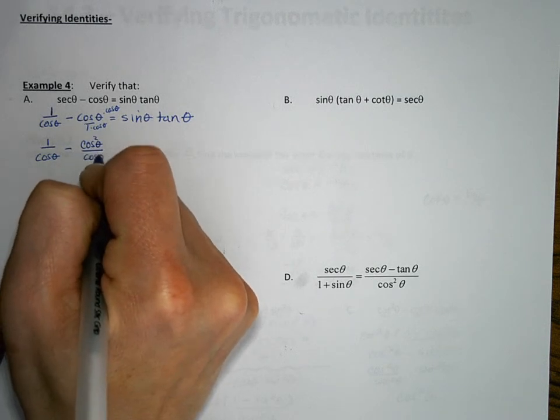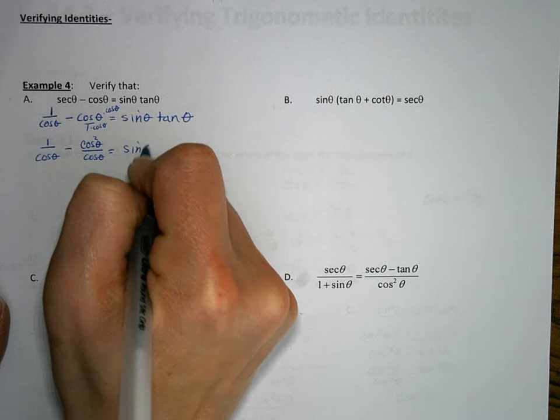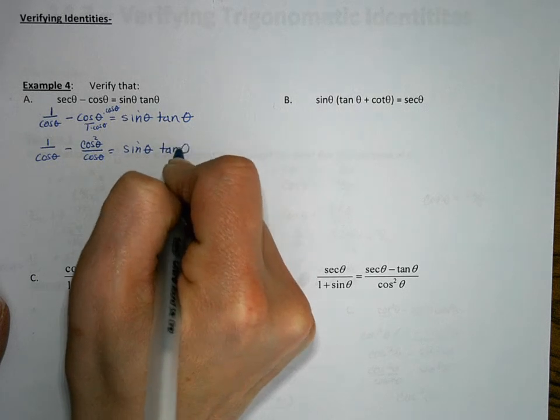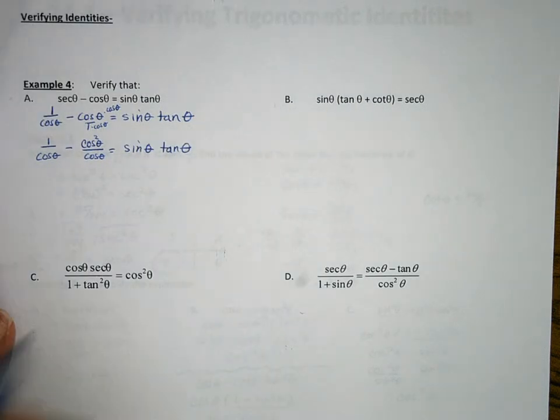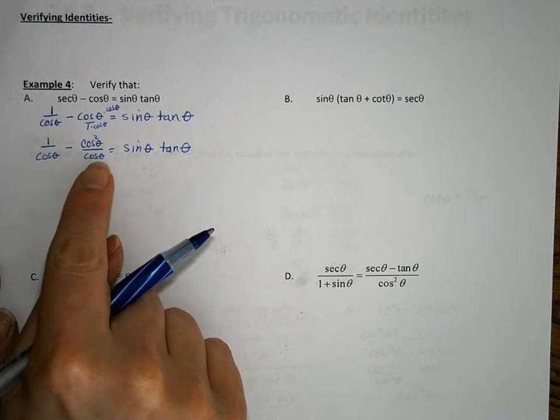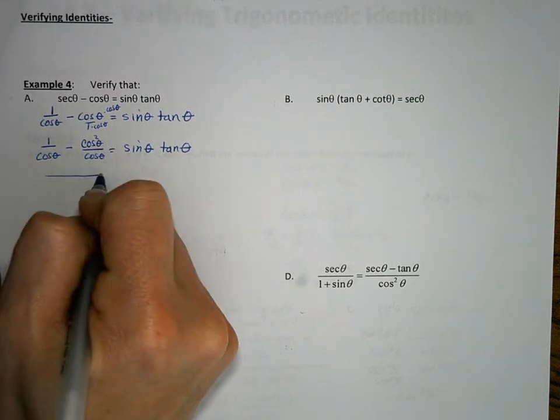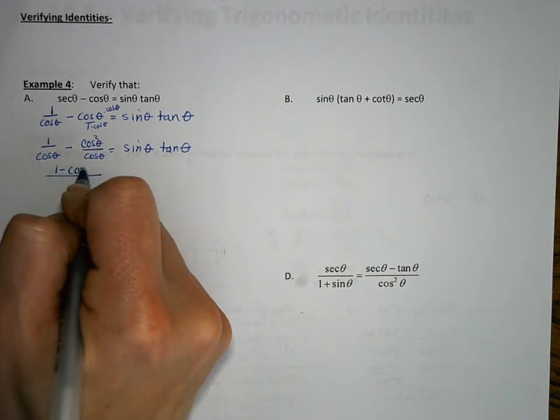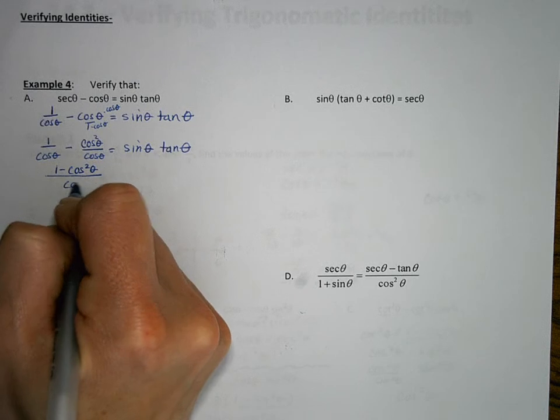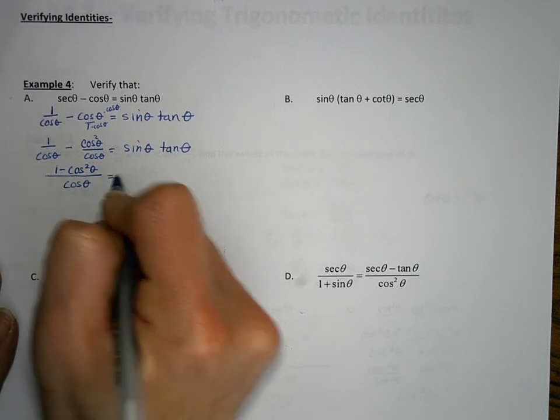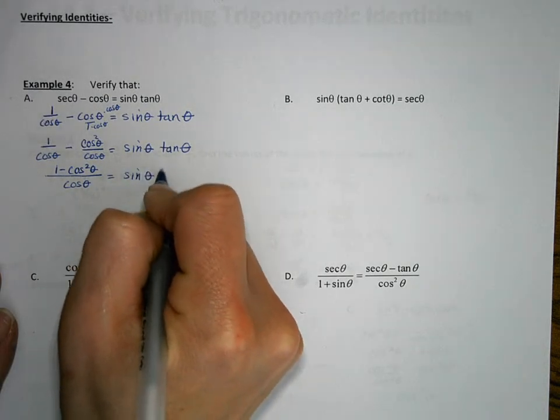Still equal to sine tangent. All right, now, 1 over cosine minus cosine squared over cosine means that I'm going to have 1 minus cosine squared over cosine. Still equal to sine tangent.